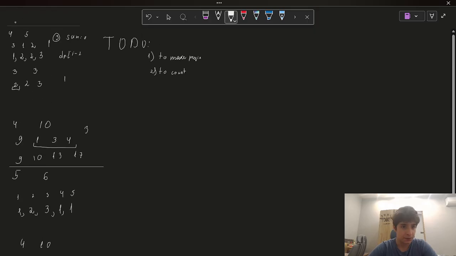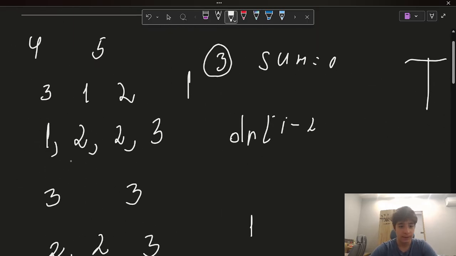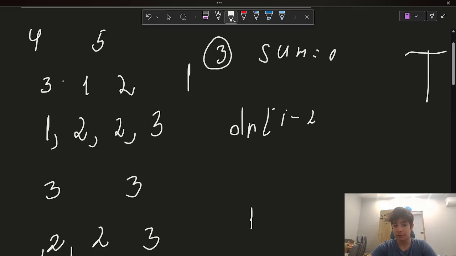Oh, it's pretty big. So 3 1 2 1. The starting of the subarray is 1, and if there will be like 4 or something like this, I want to subtract this element. But mainly I will need to make a new one.